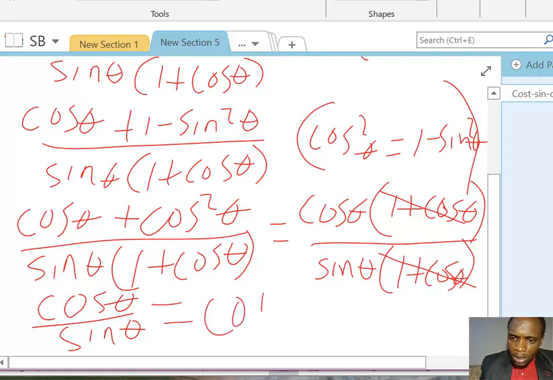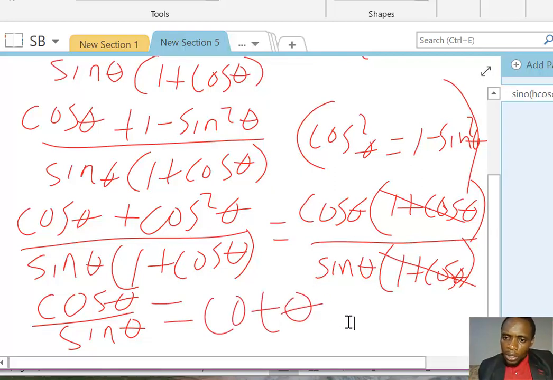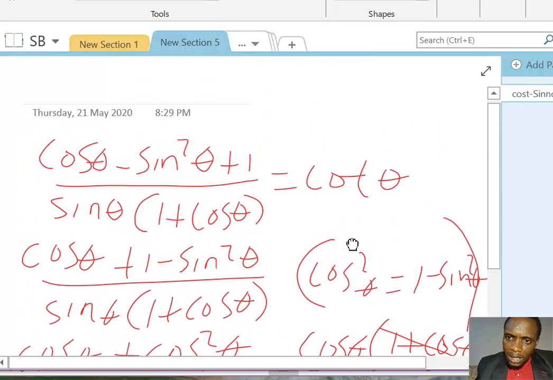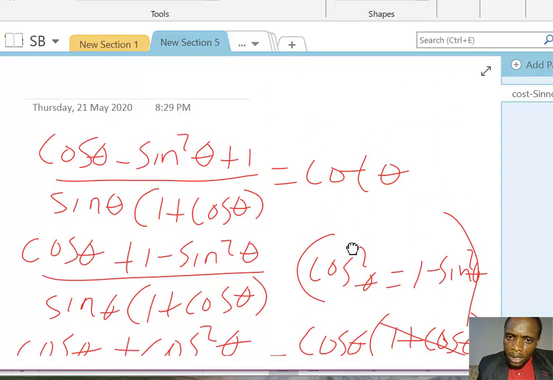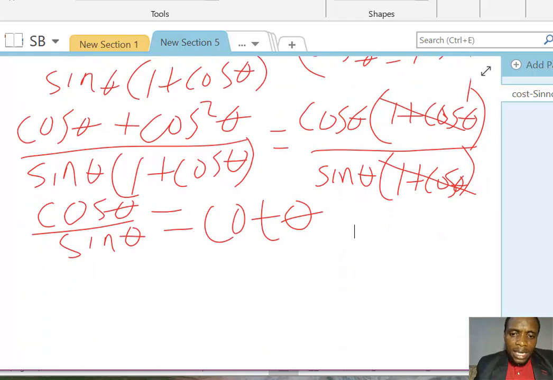And remember the question says we should prove that cos theta minus sin square theta plus 1 over sin theta into bracket 1 plus cos theta equals cot theta. When we resolve this, we have cos theta over sin theta, which equals cot theta.